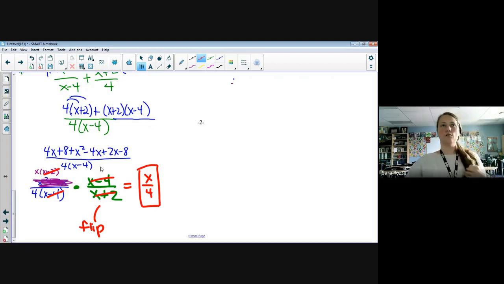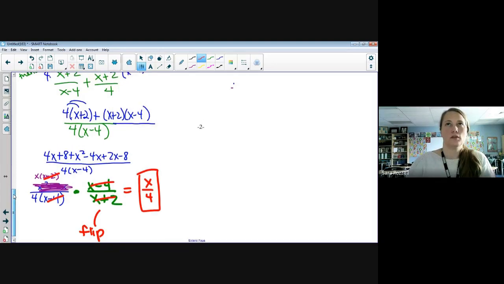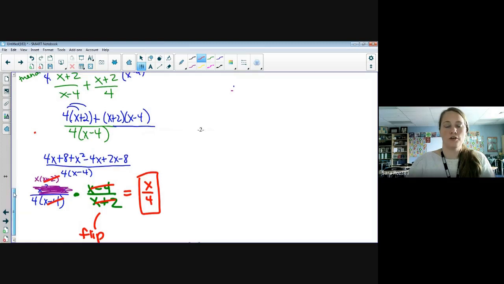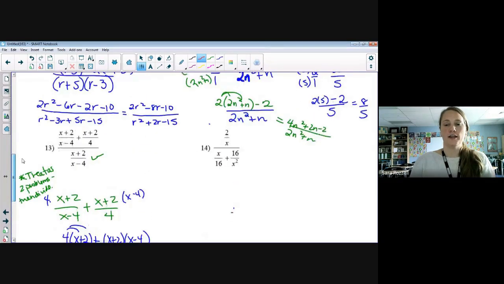So when you have those crazy ones, it's just kind of putting all the stuff together. First do an addition problem, and then you have a divide that you'll flip and multiply. I'm not going to write the steps out for the very last problem, but I will kind of walk you through it. For our very last one, we need a single fraction on the bottom, and the common denominator is going to be 16x squared.